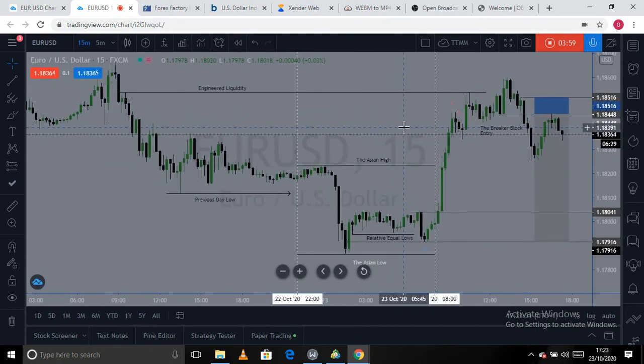If you remember the institutional order flow, I told you highs will be maintained, lows will be taken out, or highs will be taken out, lows will be maintained. That is institutional order flow.